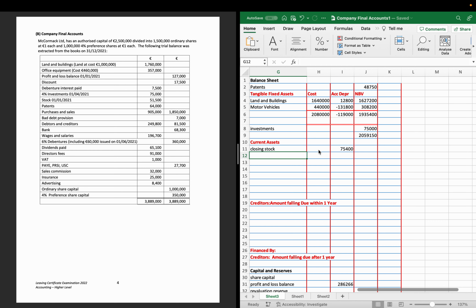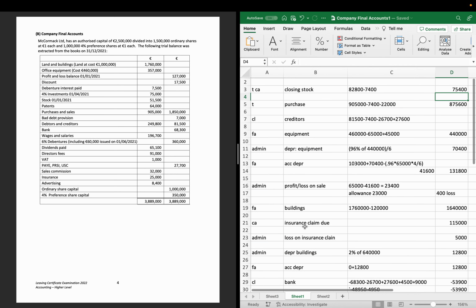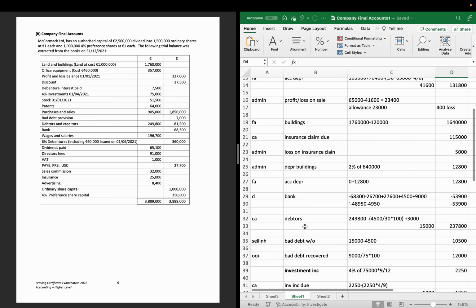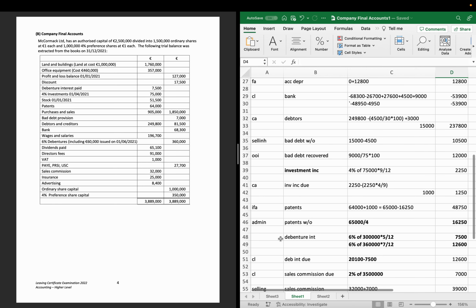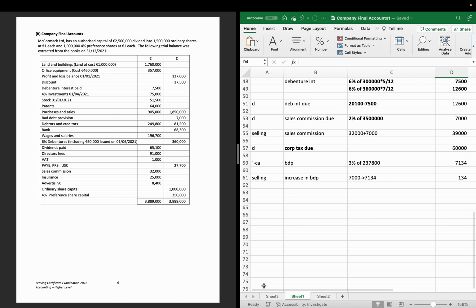We're going to have debtors less BDP. So the debtors are 2378, and the BDP is down at the bottom 7134.